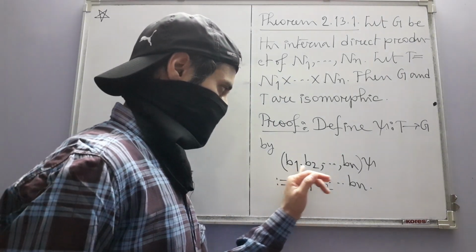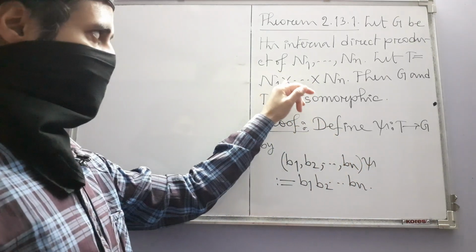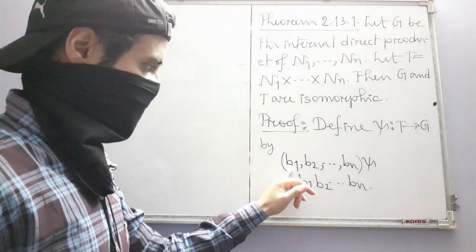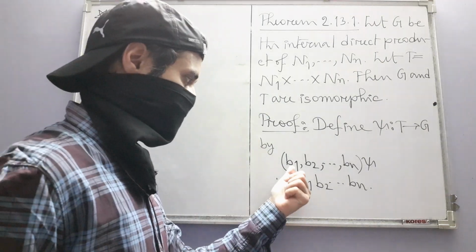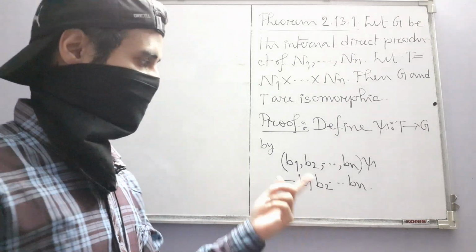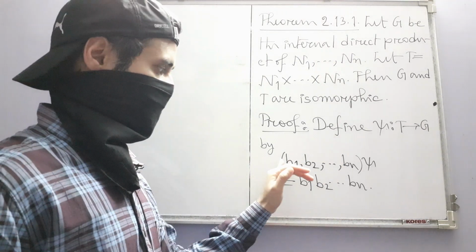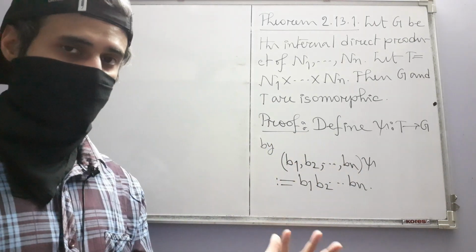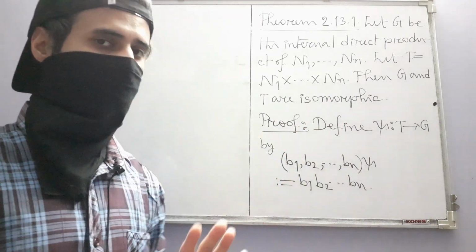Now, when you choose such an input, obviously from the definition of equality in a Cartesian product, you know that these bi's are uniquely determined. If you have another set of bj's, suppose, which are different from these bi's in some way, then the n-tuple that one of them gives and the n-tuple that the other set gives cannot be equal.